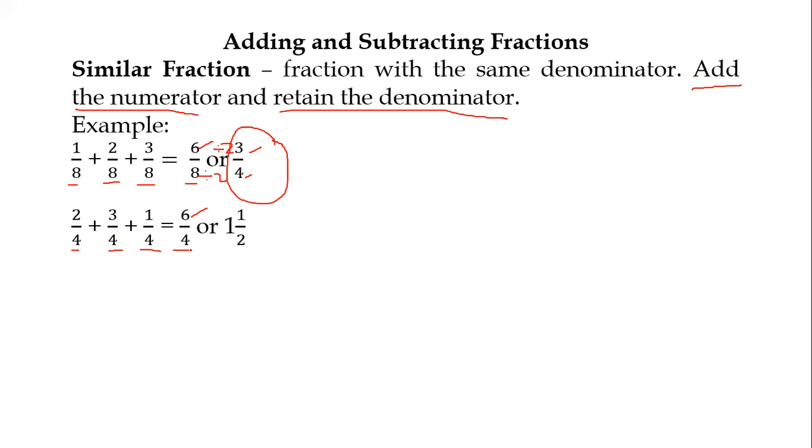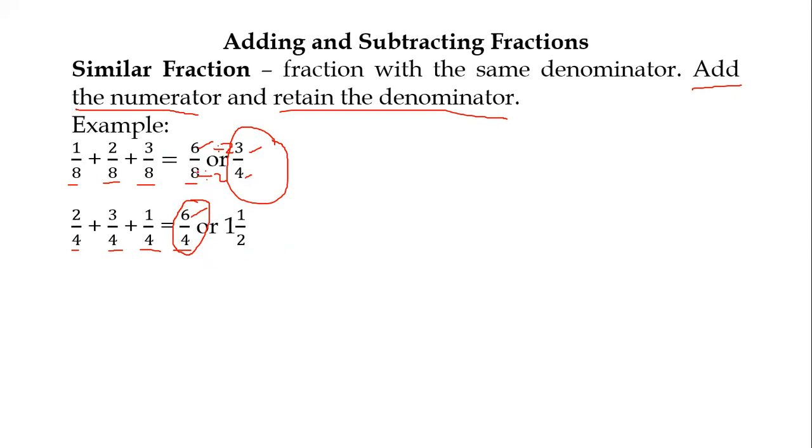And then copy the denominator. This time, as you can see, the answer we got is an improper fraction. When we say improper fraction, the numerator is greater than the denominator. So what we are going to do here is convert it into a mixed number.